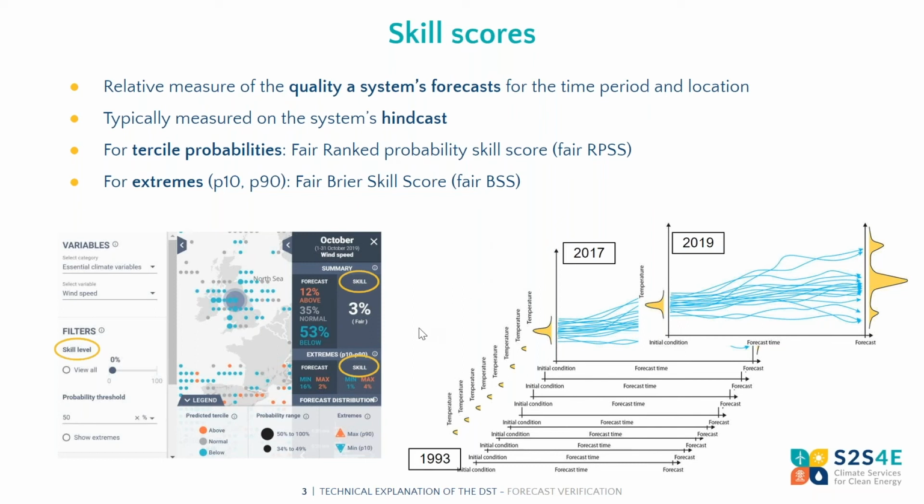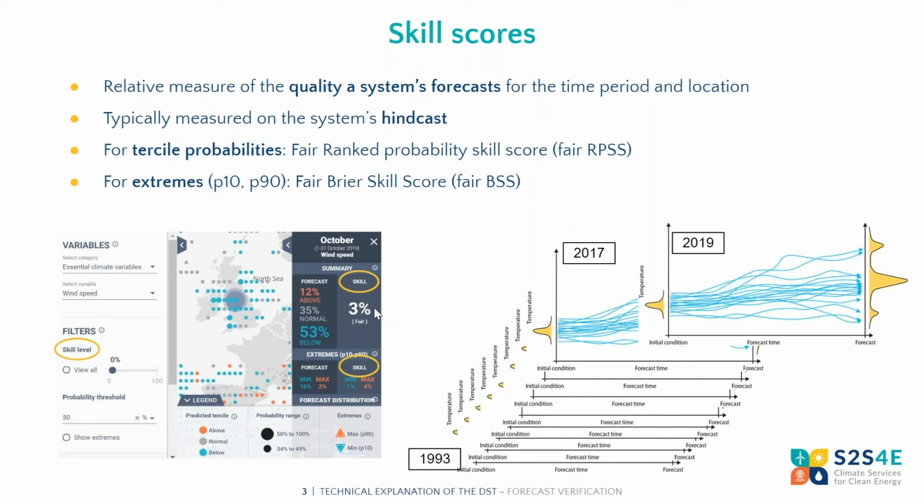It is important to say that because we are talking about probabilistic forecasts, we cannot estimate how good a forecast is just based on one single realization, because we're giving a probability. You need a very large sample to be able to define if that probability is well calibrated. So we have specific skill scores for the skill of the tercile probabilities. We have this skill score here.